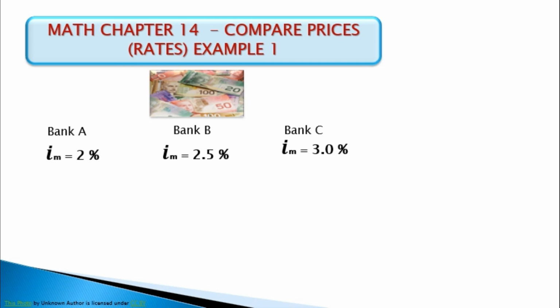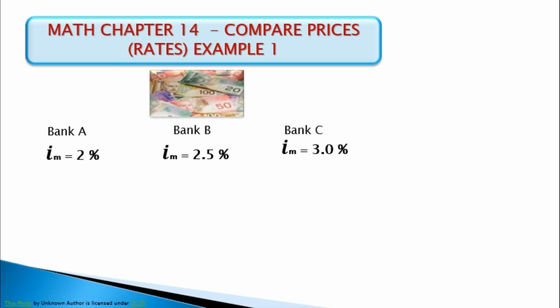First of all, banks are not legally supposed to advertise rates as a monthly rate. The Federal Interest Rate Act says that all lenders must advertise interest rates as either J1 or J2. This would not be in compliance, but we're just looking at an example.